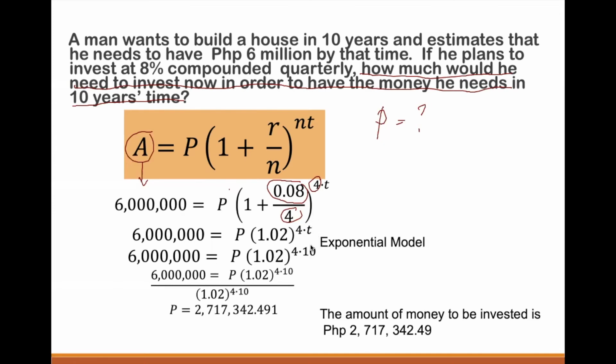So substituting 10 years, you'll have the amount that the man needs to invest is 2,717,342 and 49 centavos. Okay.